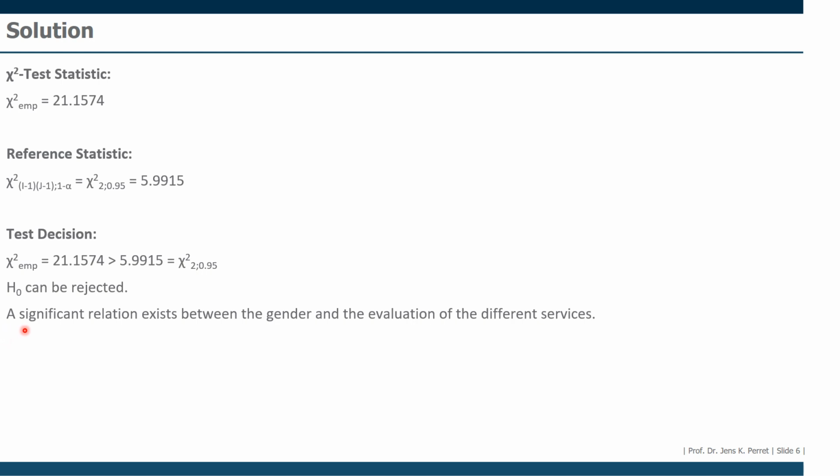Here I can say a significant relation exists between the gender and the evaluation of the different service sectors. I cannot say what the structure is, so whether one of the two genders is more in favor of one or the other, but I can say there is a relation between gender and the different sectors.